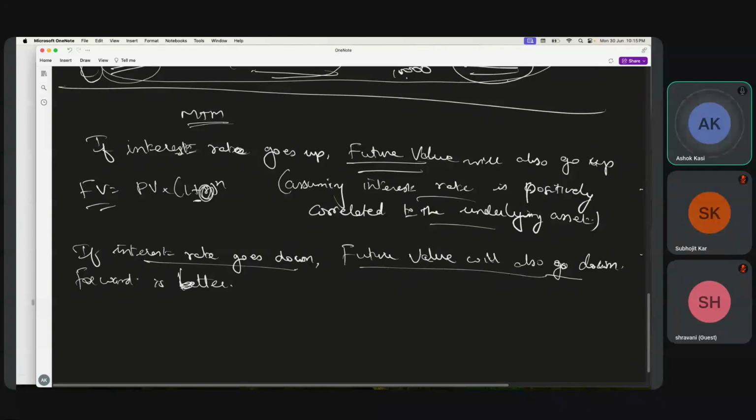So better you go for forward, because then mark to market will not happen.